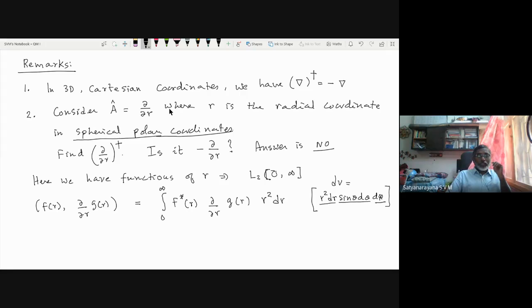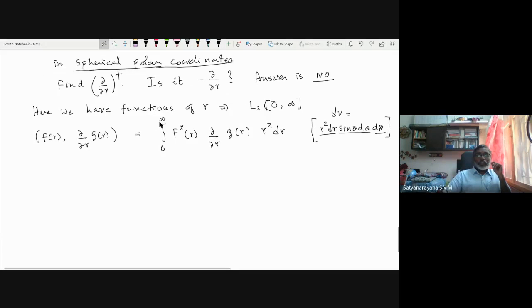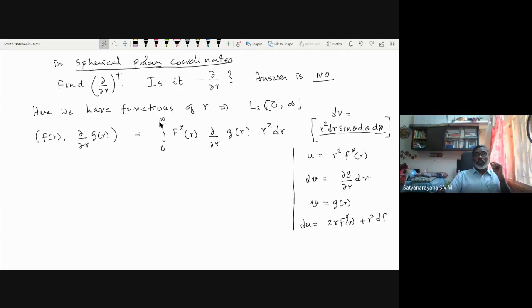So when you are doing integration by parts, consider u equal to r square into f star of r, and dv as dou g by dou r into dr. Then v becomes simply g of r, and du has two terms: 2r into f star of r plus r square into df star by dr, into dr.